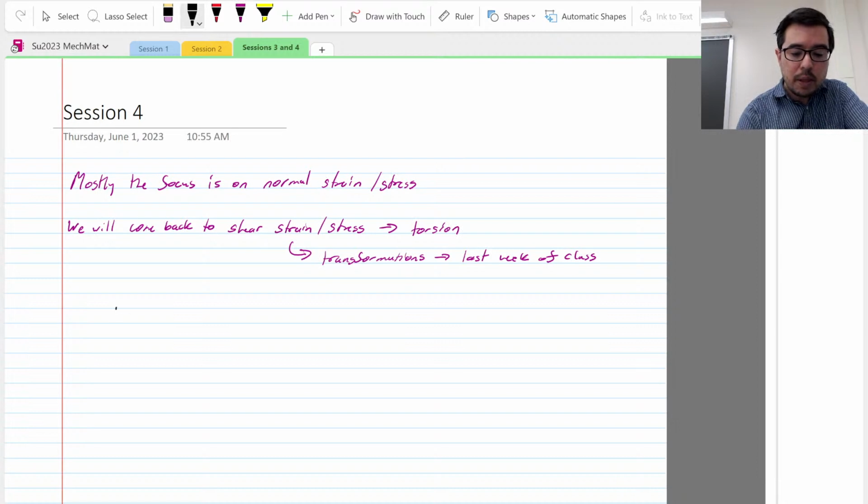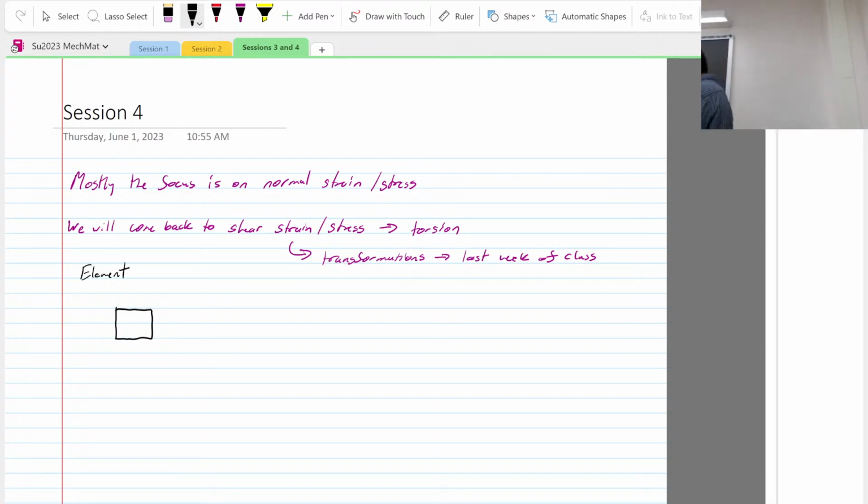So we will draw a ton of boxes in this class, and this is what we call an element. This is maybe an infinitesimally small part of a structure under consideration.